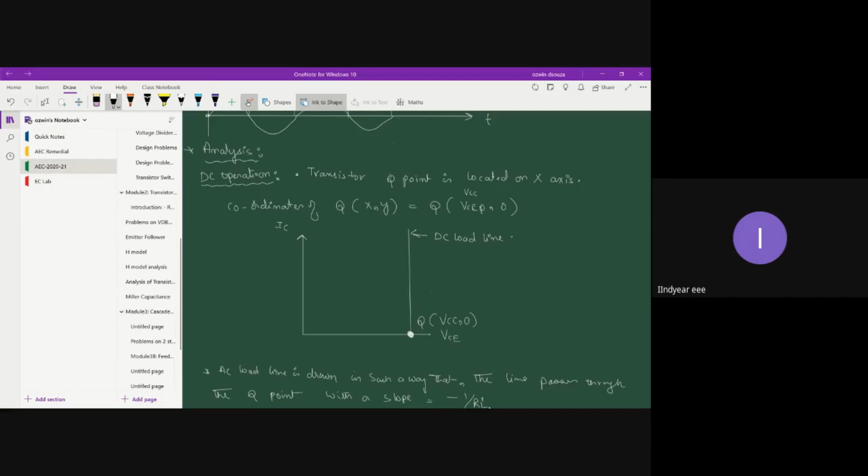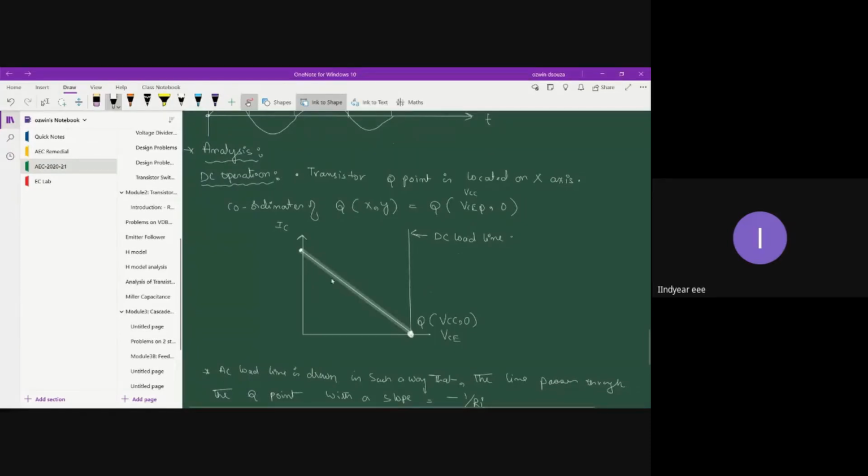It is similar to your transformer coupled class A power amplifier, where RL dash is delta Y by delta X. Based on your load resistance, you have to select delta Y and delta X, where delta Y is delta IC and delta X is delta VC. Based on that, you can decide the shape of the line. So this is how it is going to look.